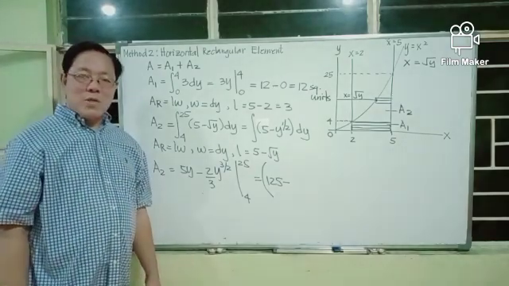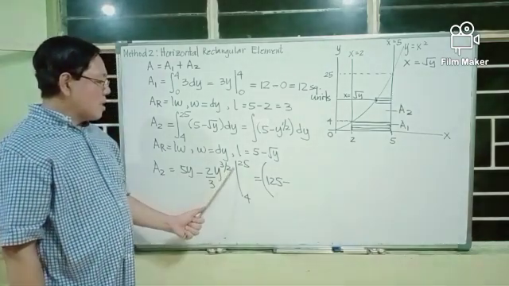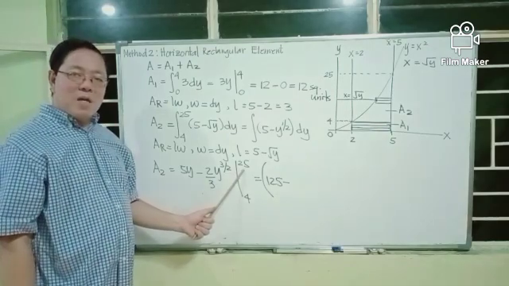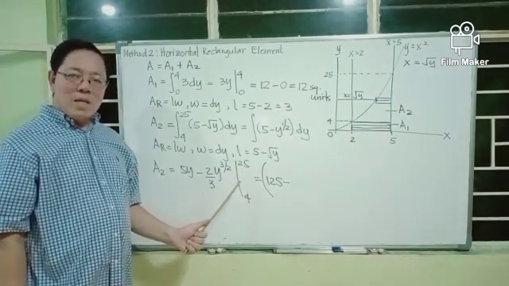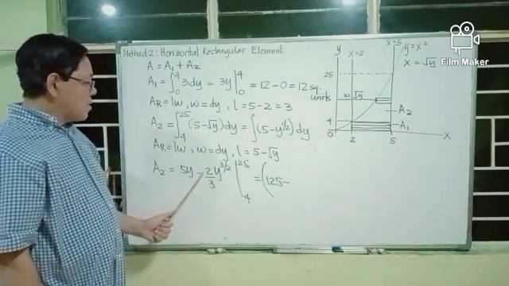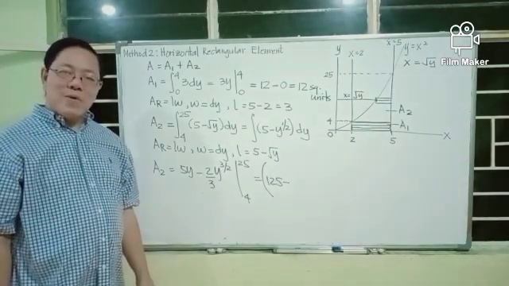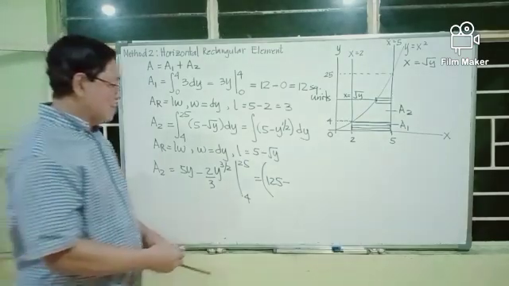You can use your calculator, or you take the square root of 25 is 5, and 5 to the power 3 is 125, and multiply by 2, 250, divide by 3.